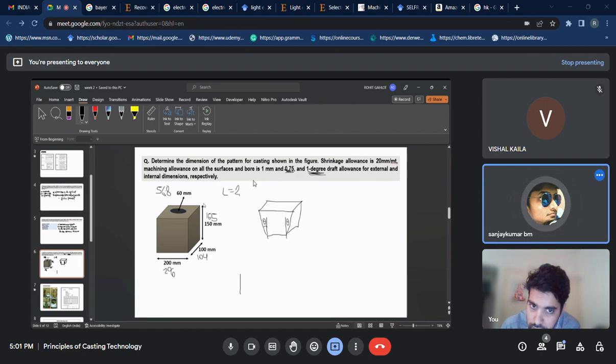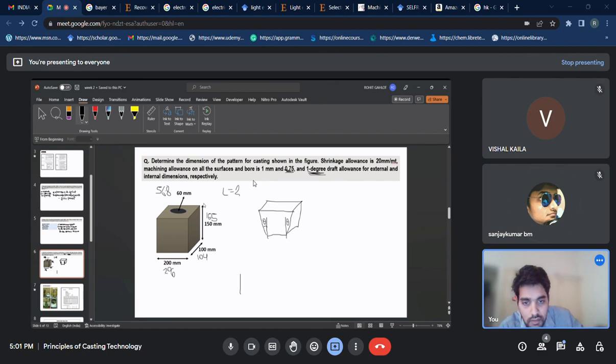Can you tell me what will happen to the external part, the 155 mm height? So the height will be reduced by tan inverse of 0.75, is it that? Firstly, the external part, which is 155 mm.